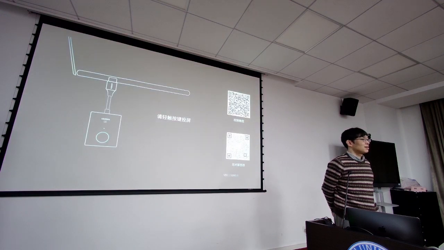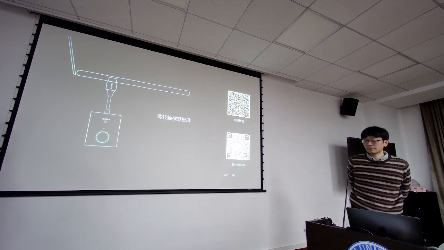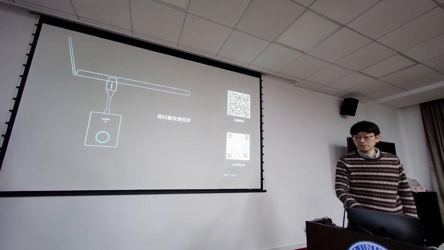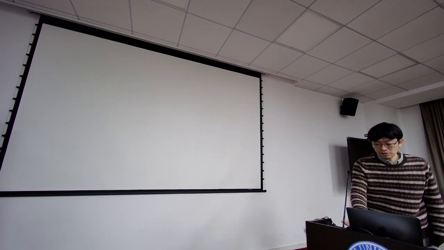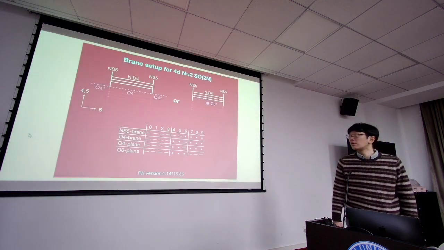Has this already appeared in the literature? Yes. But in the case of E, isn't that the uplift of the Minahan-Nemeschansky theory? That's the flavor method, but he's talking about gauge.